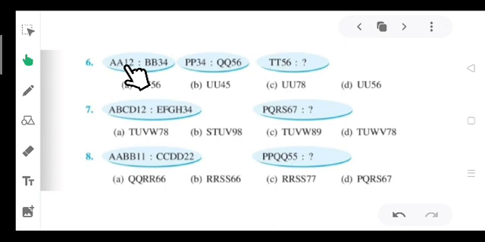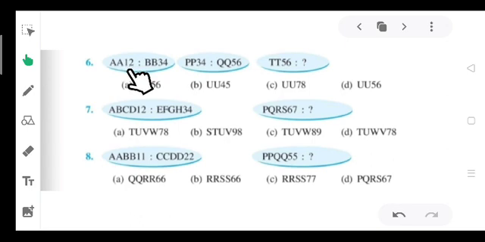Next letter. 1, then 3. It means 1 is an odd number, then the next odd number is 3. 2 is an even number, the next even number is 4. So here firstly we write the next letter, then the numbers.